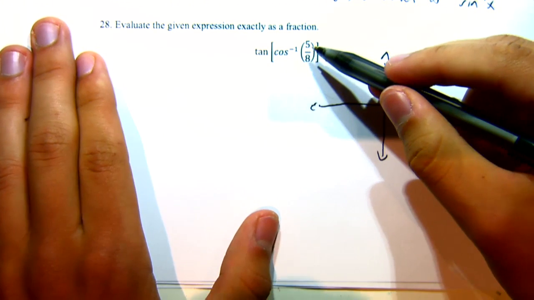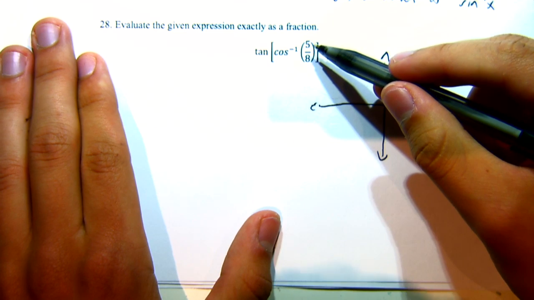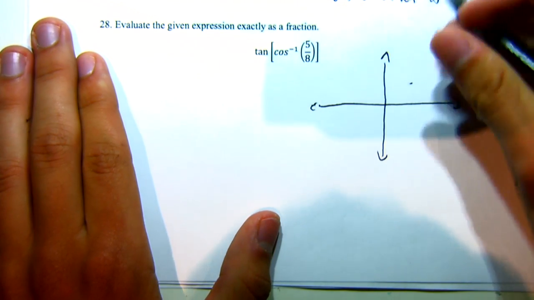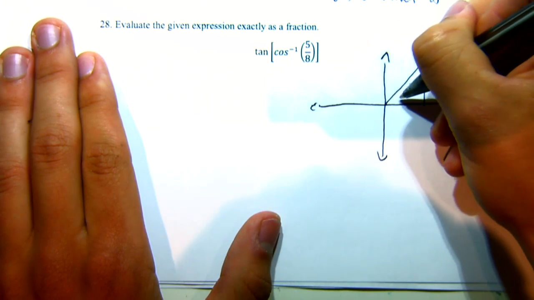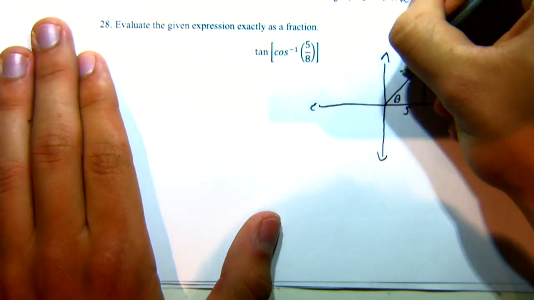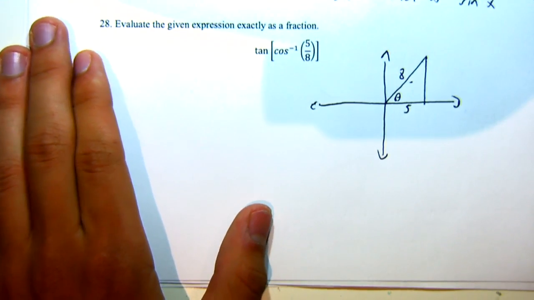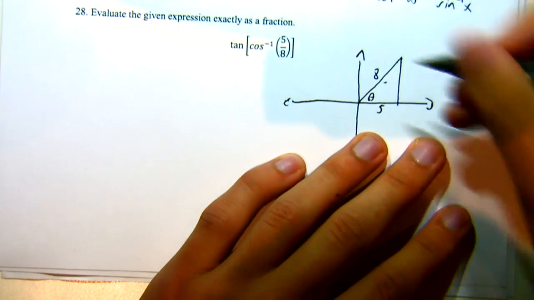Alright, so cosine is adjacent over hypotenuse, right? So here's 5, and here's 8. So now we want to find the y value.